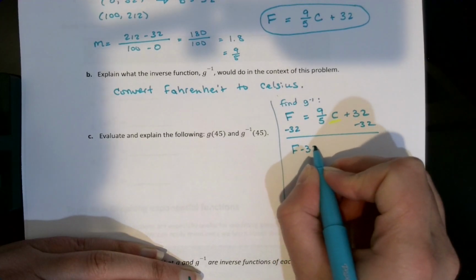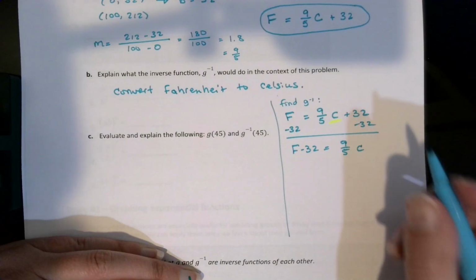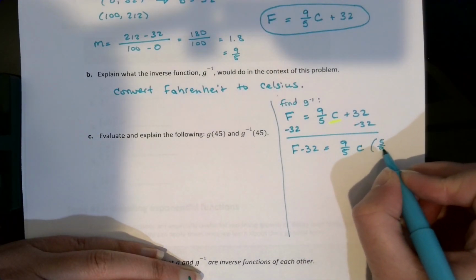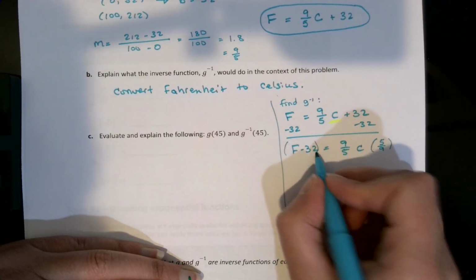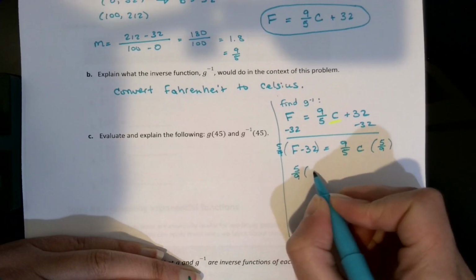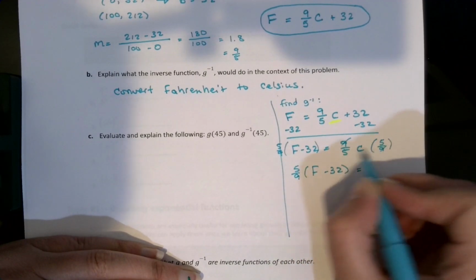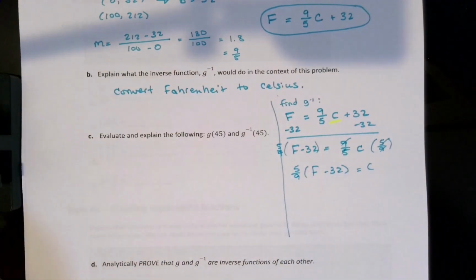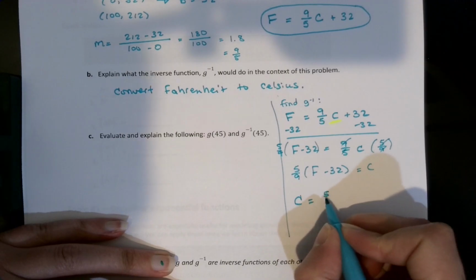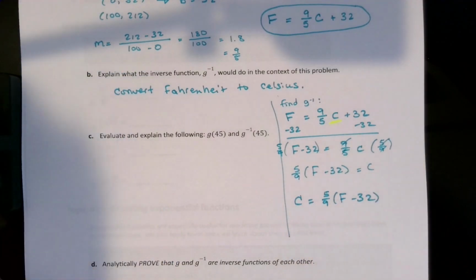F minus 32 equals 9/5 C. And then to divide by that 9/5, we're going to multiply by the reciprocal. So 5/9 times F minus 32 equals C. So C is 5/9 times F minus 32.